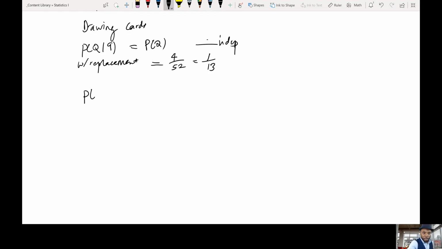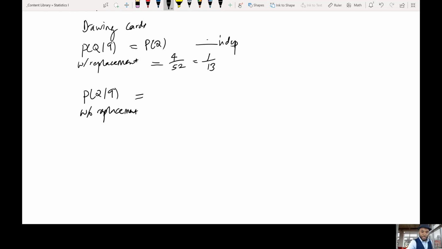So what would be the probability of drawing the Q given that 9 had occurred without replacement? So I draw a 9 and I keep it on the table, and then I want to draw a queen. What's the probability of drawing a queen, given that I'd already drawn a 9 without replacement? So that's a different situation.